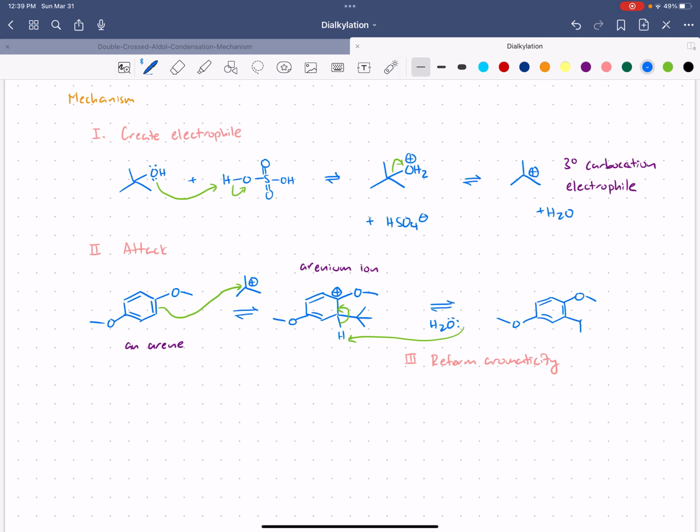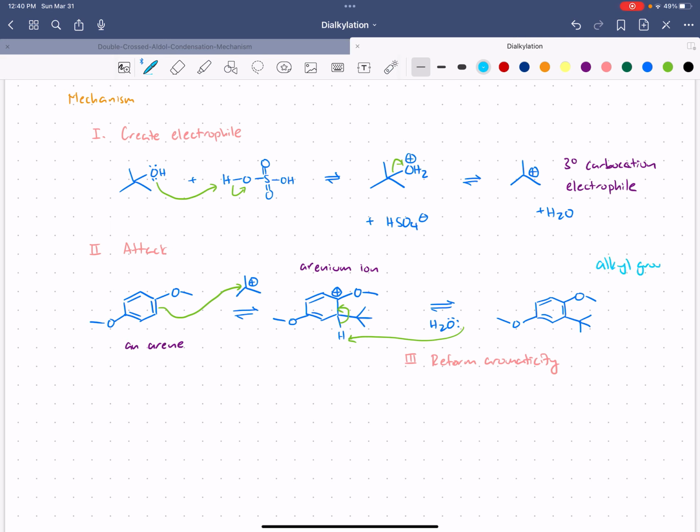Now, the position of this tert-butyl group, it actually doesn't matter. The first one, it doesn't matter because if I had put it here, it's still the same product. If I put it here, still the same product. But we are doing a dialkylation. So by the way, the other thing that I want to mention here is that alkyl groups are electron donating.